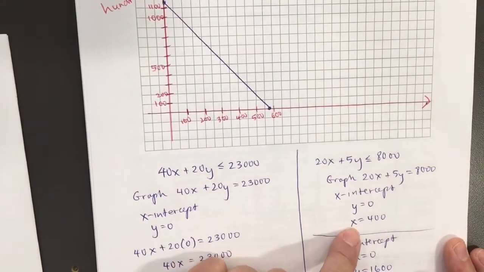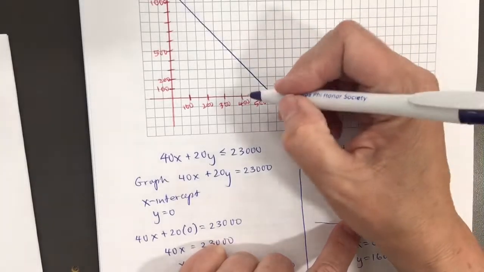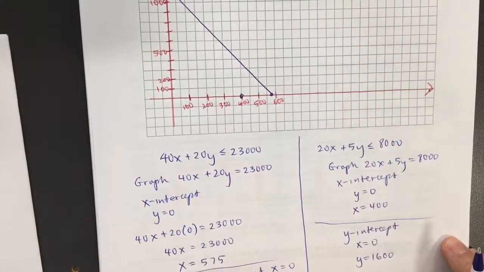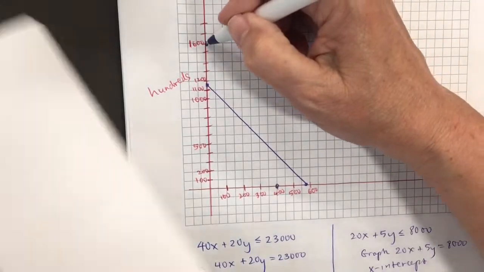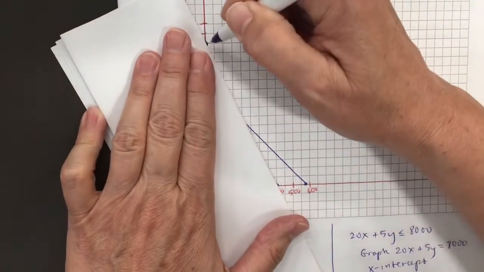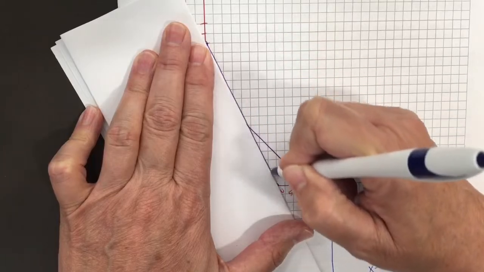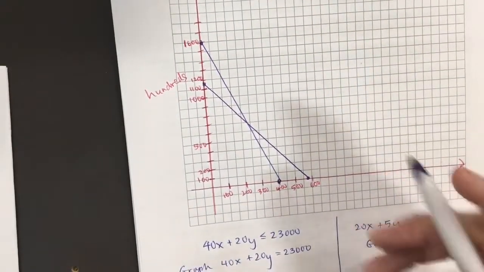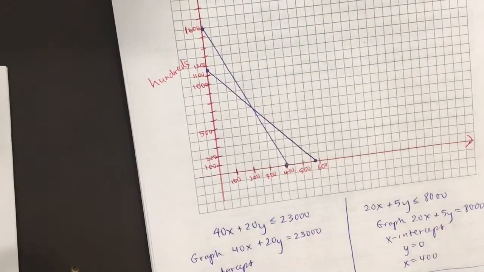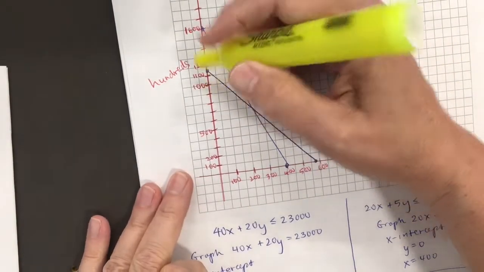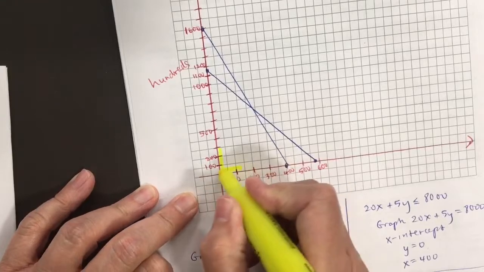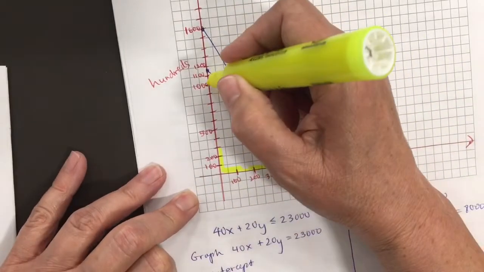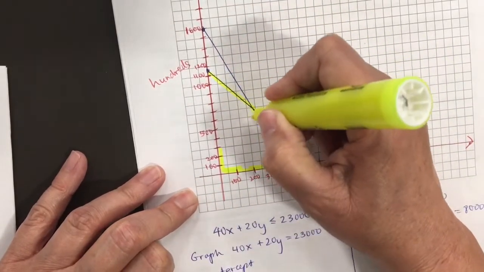For the volume, the x-intercept is 400 and the y-intercept was 1,600. So mark those two, connect those dots. The feasible region borders at the origin, but it's below both of these lines together.